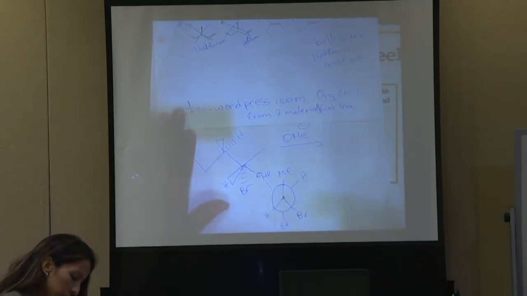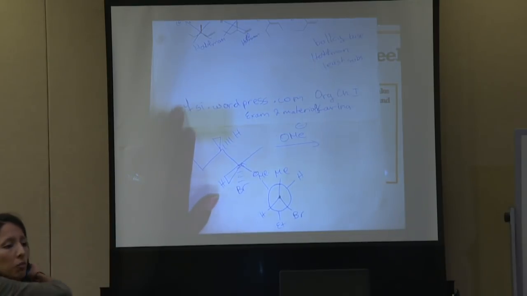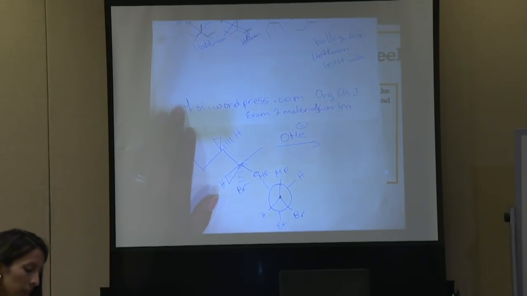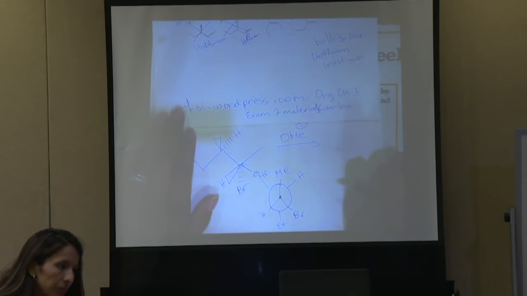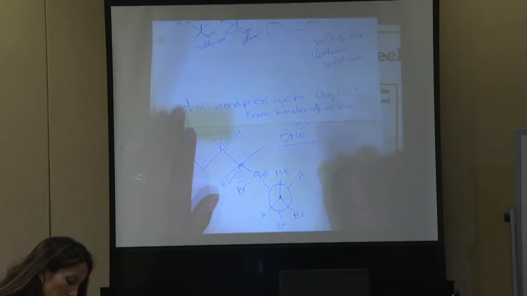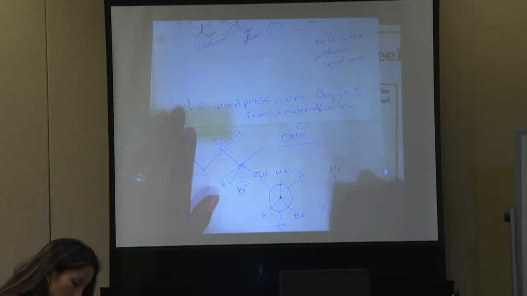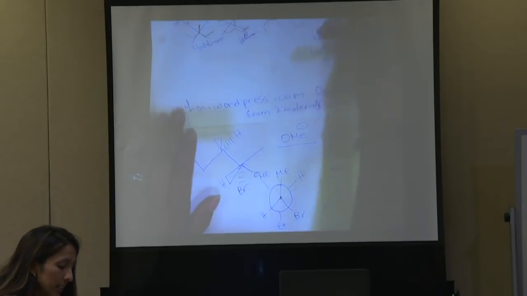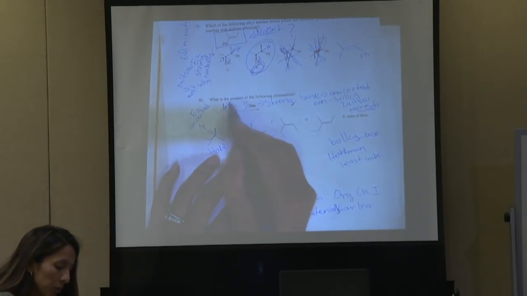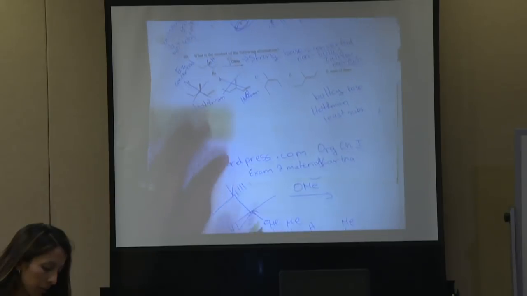Okay, so I have to rotate it. Do you want to rotate the front or the back? We want the Br and the H to be anti. Your beta proton and your leaving group have to be anti to each other. So what am I rotating? The back? Is it because the beta proton is on the back carbon? In this case, yes, because this is my beta proton, and I'm looking at it from here.